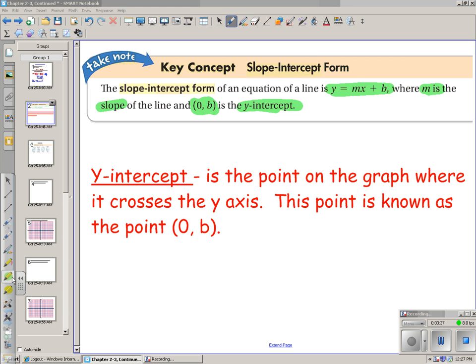Now, I'm super picky about this. Whenever I say I'm super picky, I mean I am literally super picky. A y-intercept is a point. And since it is a point, don't just give me the b value. You give me it in ordered pair form, which has an x and a y coordinate. Why is the x coordinate 0 here?